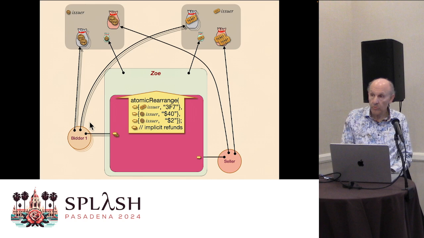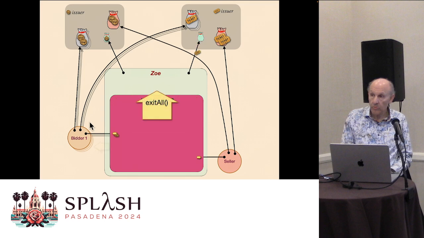The default allocation of all participants is simply the amount that they placed in, so all of the bidders for whom the atomic rearrange does not mention them, implicitly the allocation would be a refund. So when the auctioneer then tells Zoe, okay, we're done, exit all, everybody gets what the auctioneer told Zoe to allocate, and then they can go ahead and deposit those assets into their respective purses.